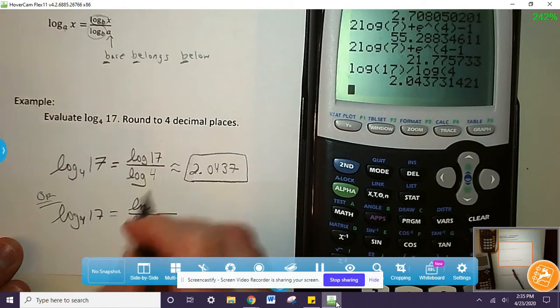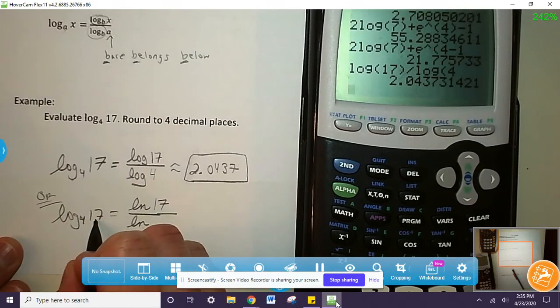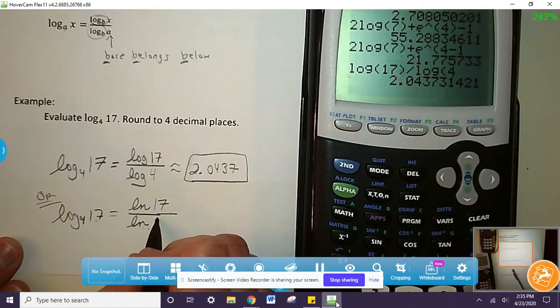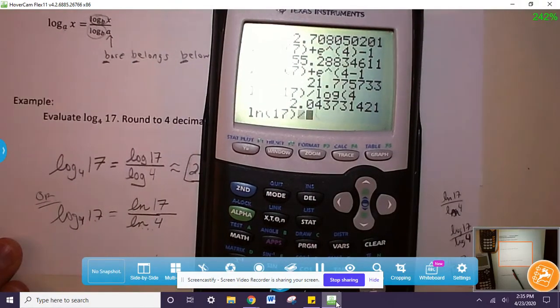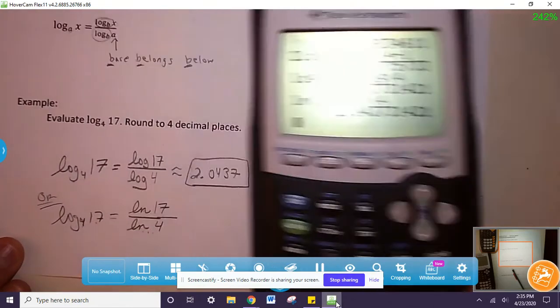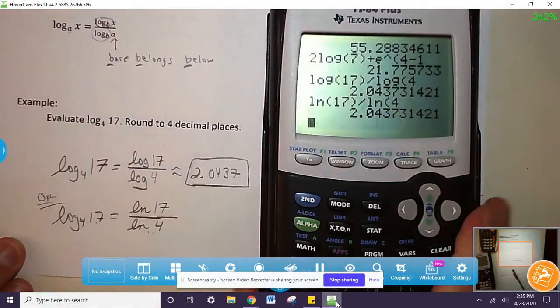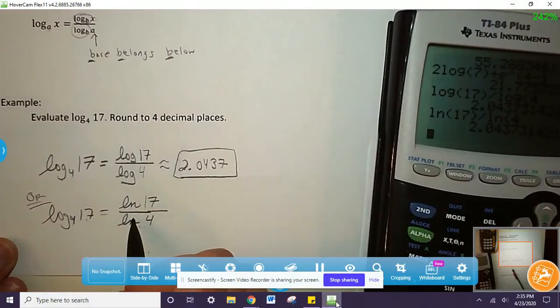What goes inside up top is whatever we were taking the log of, and what goes inside the log on the bottom is the old base. The base belongs on the bottom. And if I put that into my calculator, same answer. So you can do any base you want. The reason we pick base 10 or base e is because those are the ones that are built into the calculator.